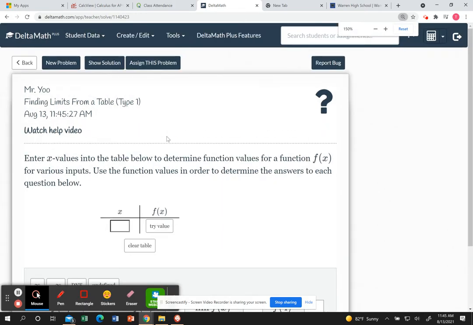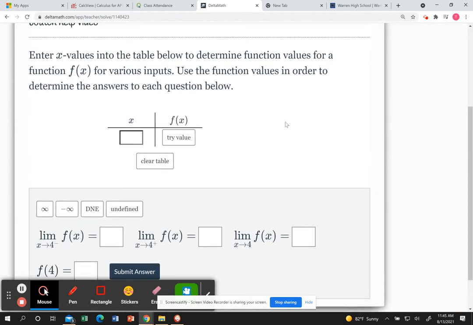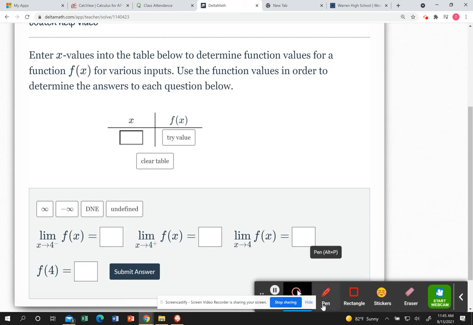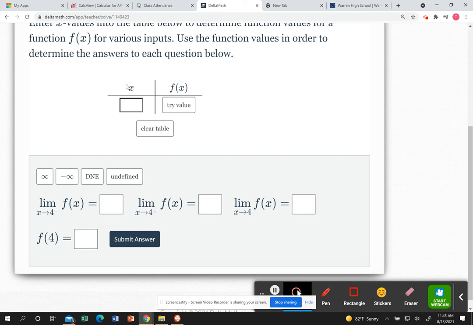All right, so just pay attention to me, please. This is like using your calculator or using a table. There are two concepts that we want to cover today. You want to learn how to use a table, and you want to learn how to use a graph.